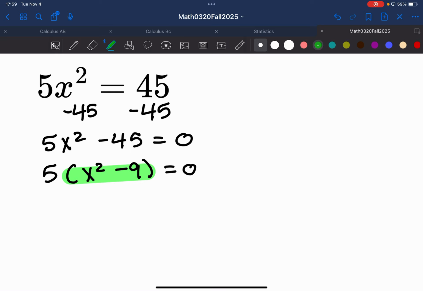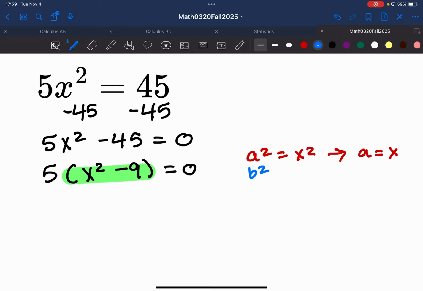The square root, okay? So where we did yesterday, where we said a squared is equal to x squared, which means a is equal to x, and then b squared is equal to 9, which means b is equal to 3. We take the square root of each, and within the parentheses, we're going to have one positive and one negative.